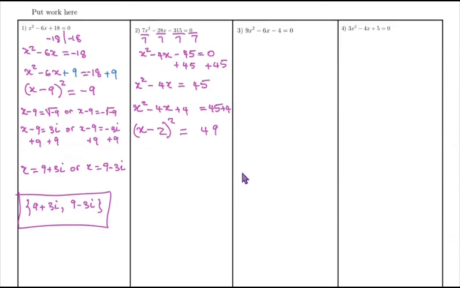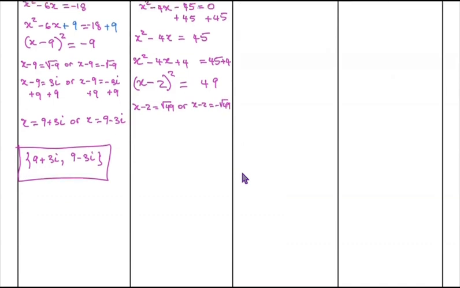Now we can solve by using the square root principle. x minus 2 equals square root of 49, or x minus 2 equals negative square root of 49. Square root of 49 is 7, so x minus 2 equals 7, or x minus 2 equals negative 7.